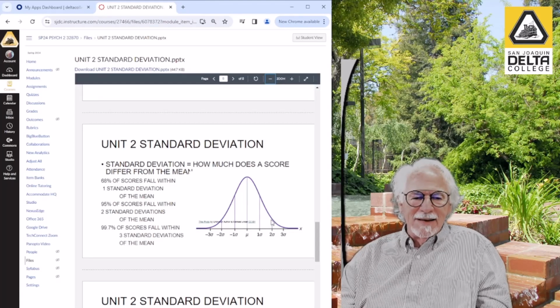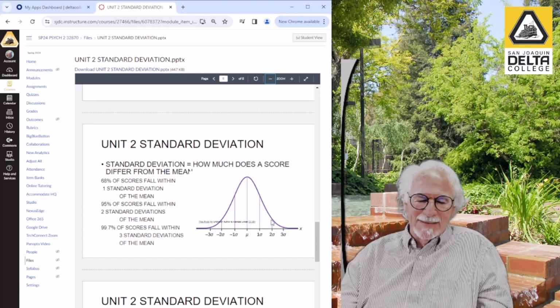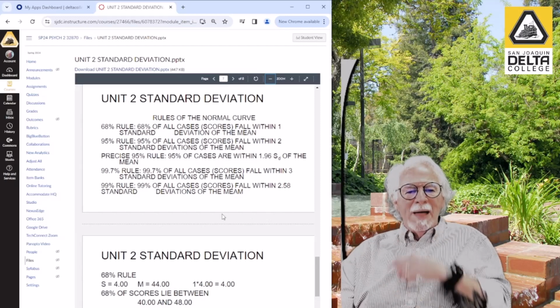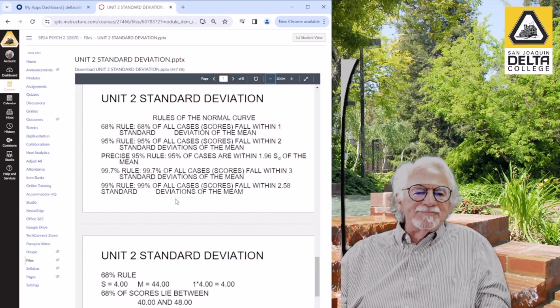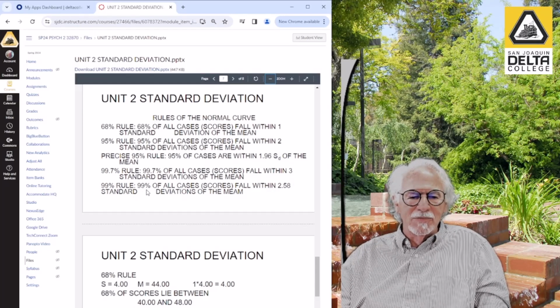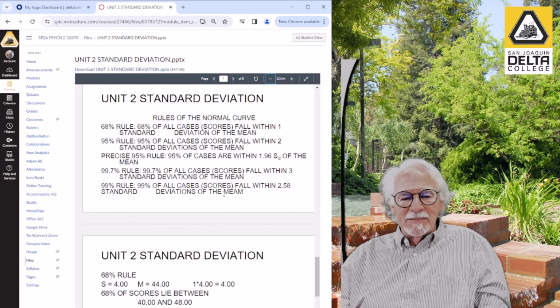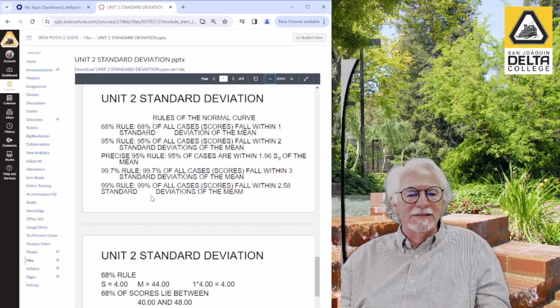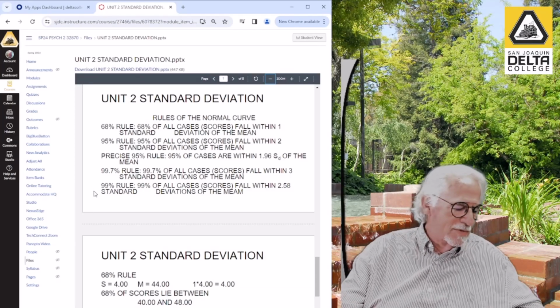But that's where we're saying absolutely 95% of scores fall within that 1.96. And here we said 99.7 fall within 3. The more precise rule is the 99% rule, where 99% of cases fall within 2.58 standard deviations of the mean.